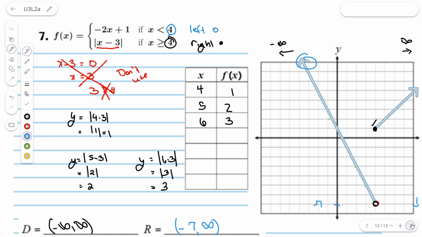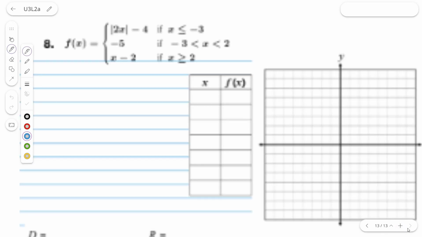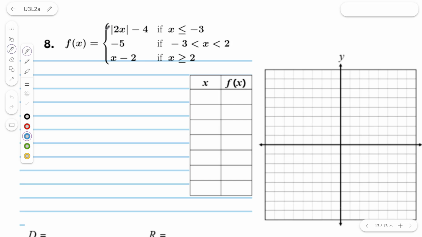So let's do our last one. And so let's take our first, which is an absolute value. We set what's inside our absolute value equal to 0. So x is equal to 0. And so now I check and see, is 0 less than or equal to -3?